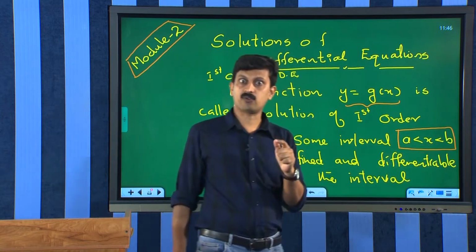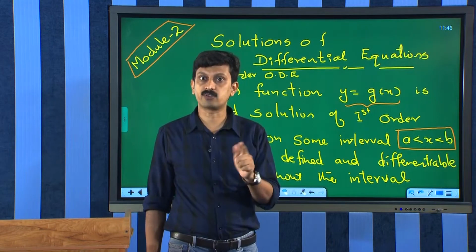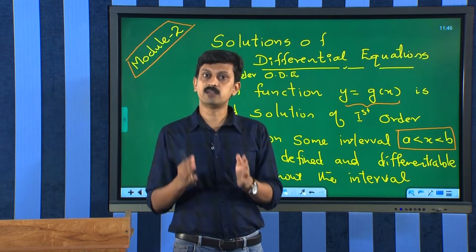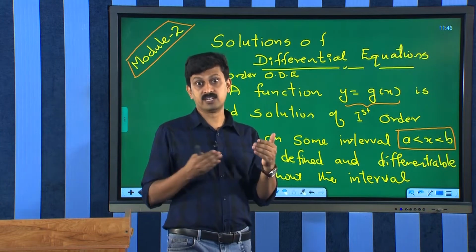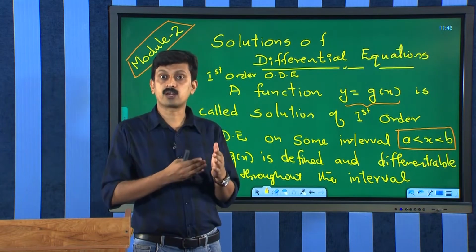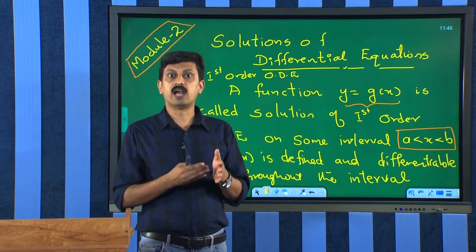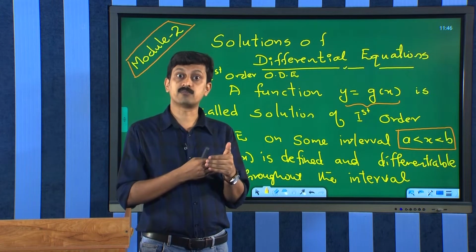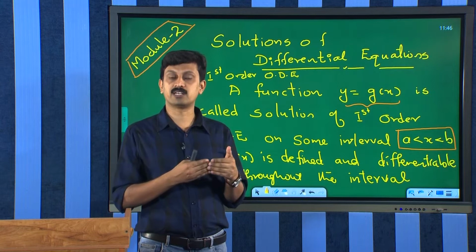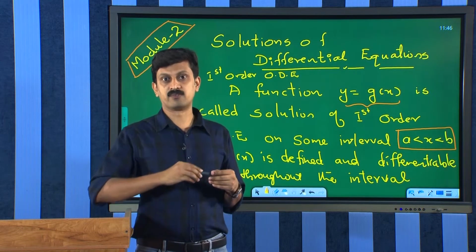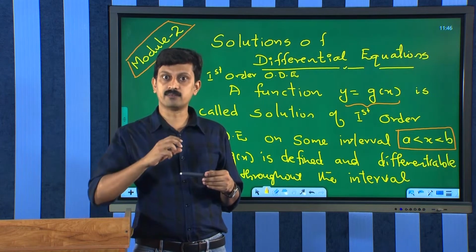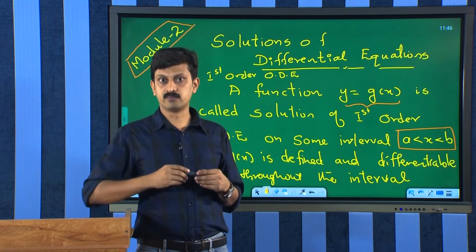As I said before, the open interval may be definite or indefinite, that doesn't matter, based on the domain. We are discussing the first order ordinary differential equation, and because it is an ordinary differential equation, the functions consist only of single variable functions, with one independent variable and one dependent variable.